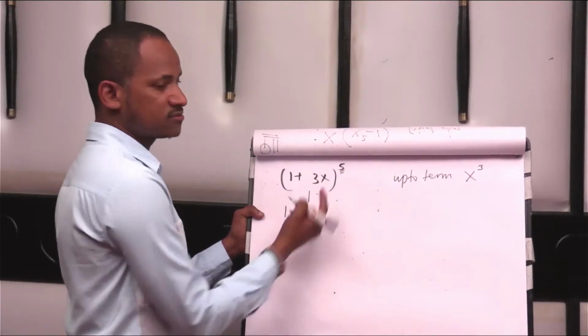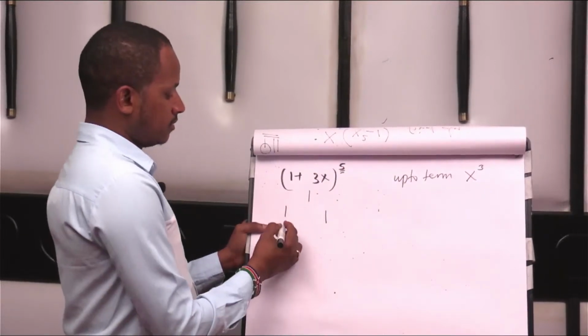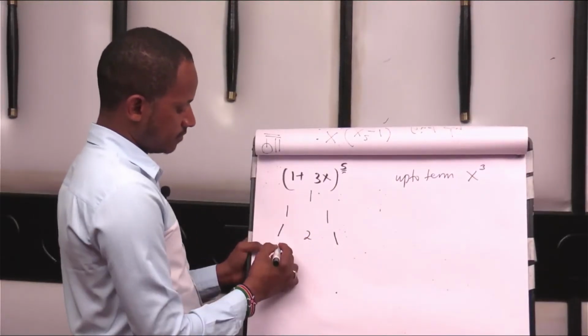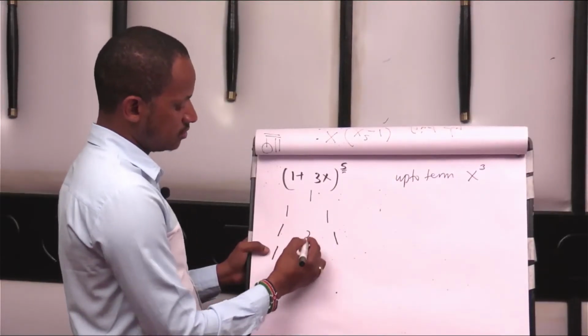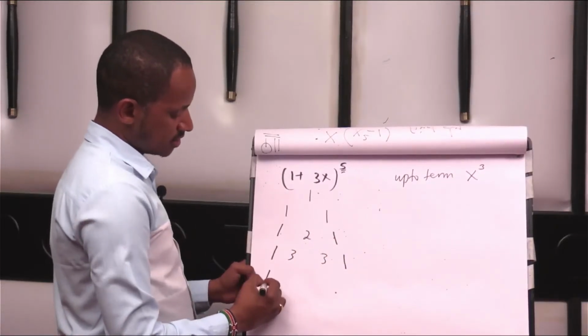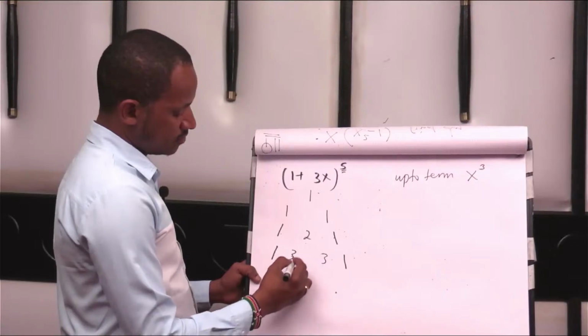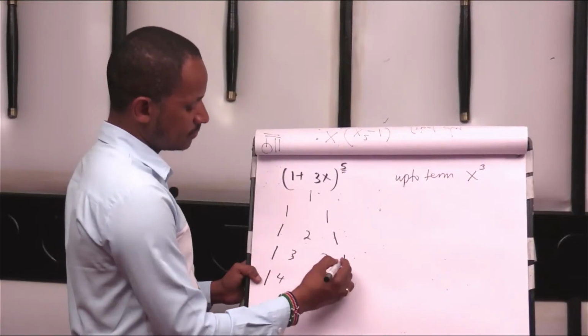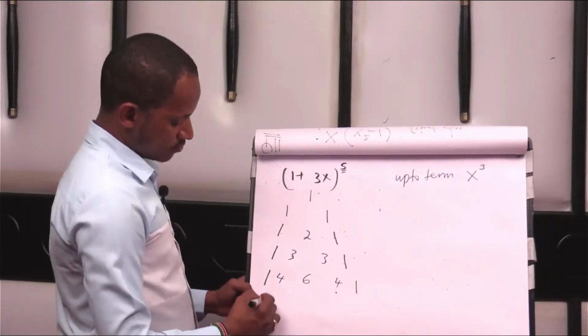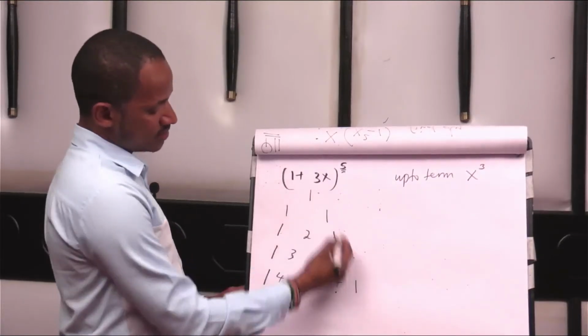We want to get factors of 5. Then 1, 1 plus 1, 2, 1. Then 1, 1 plus 2, 3, 2 plus 1, 3, then 1. Then start 1, 1 plus 3, 4, 3 plus 3, 6, 3 plus 1, 4, then 1. Then 1 this side, it maintains.